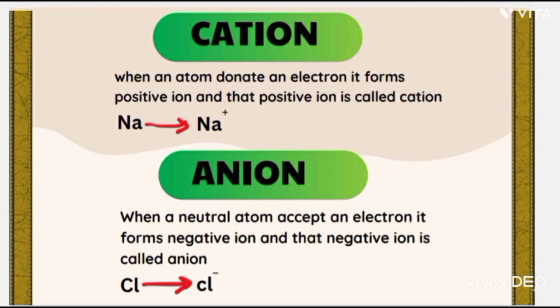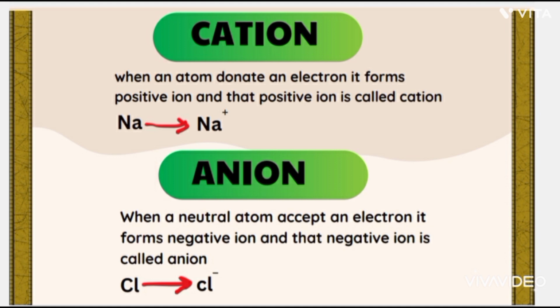Means the ion formed as a result of donation of an electron will be called a cation. Look at the example of sodium. The Na having no charge is showing a neutral sodium atom, but Na having positive charge is showing a sodium cation.